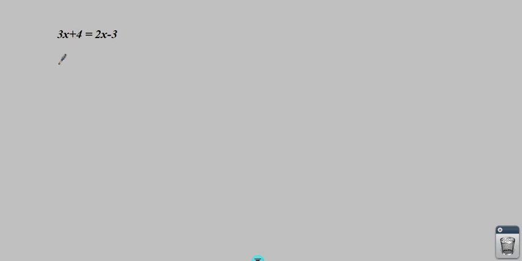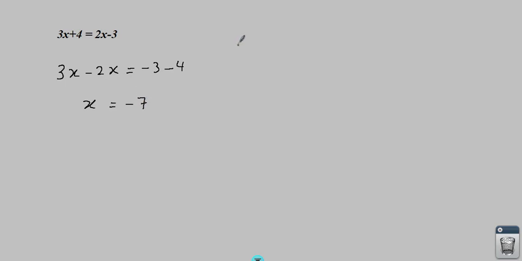So this becomes 3x minus 2x, bringing the 2x to the left-hand side, equals the negative 3, still here, but the 4 comes to this side and it becomes negative 4. So 3x minus 2x is x, and it equals negative 3 minus 4, which is minus 7.